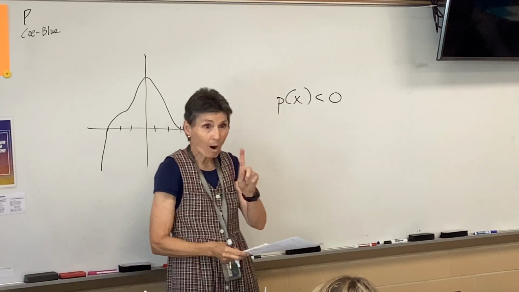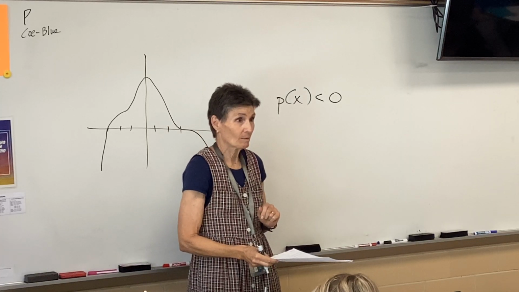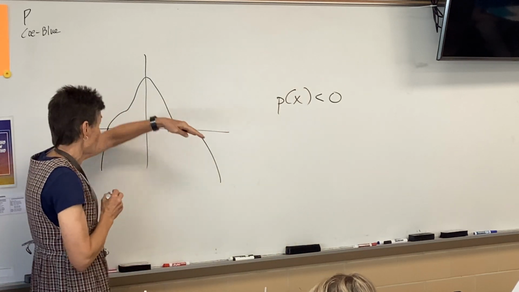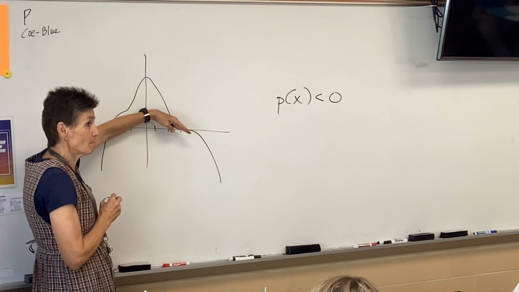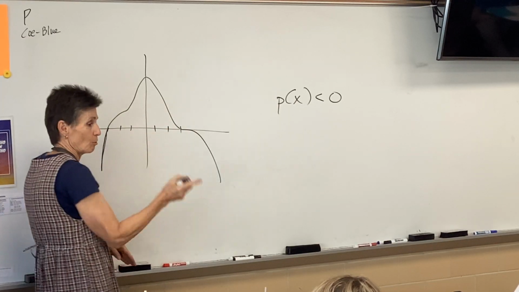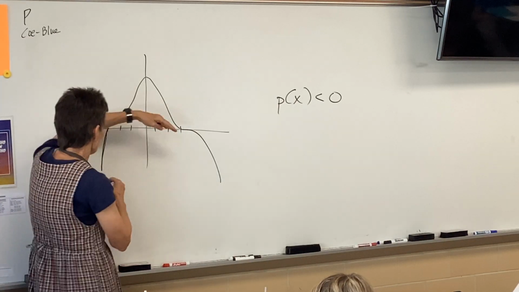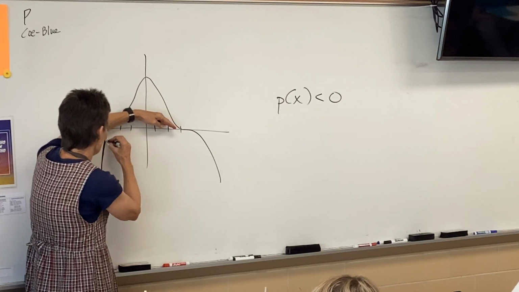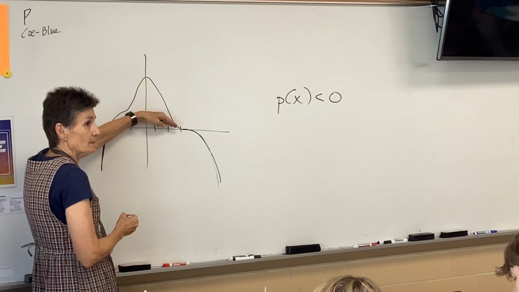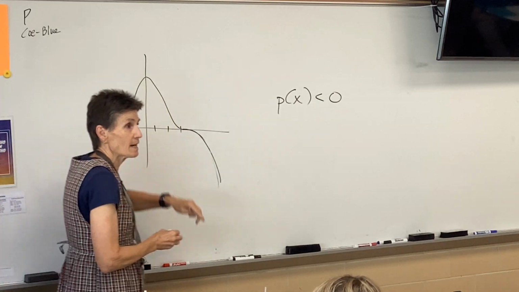That means y less than 0, right? And where in the picture is y less than 0? Under my arm? Is every part of the curve under my arm concave down? Yeah. So that's a true statement.